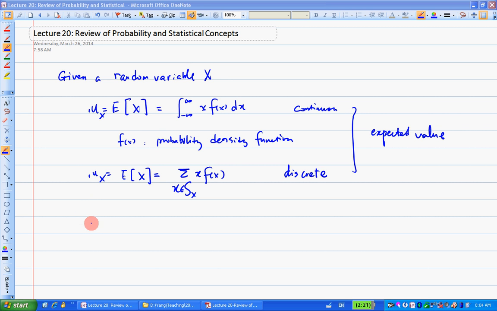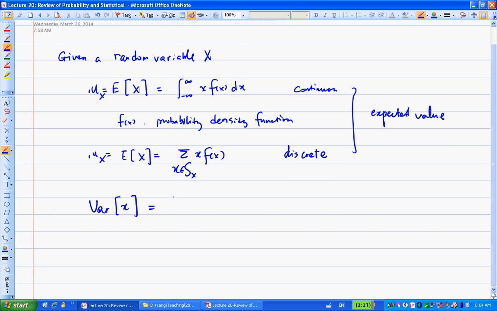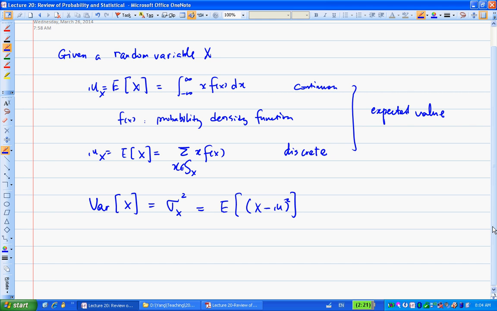Now we also have a variance. If we talk about variance, we use VAR of capital X, that's sigma capital X squared. That equals capital E of capital X minus mu, squared.